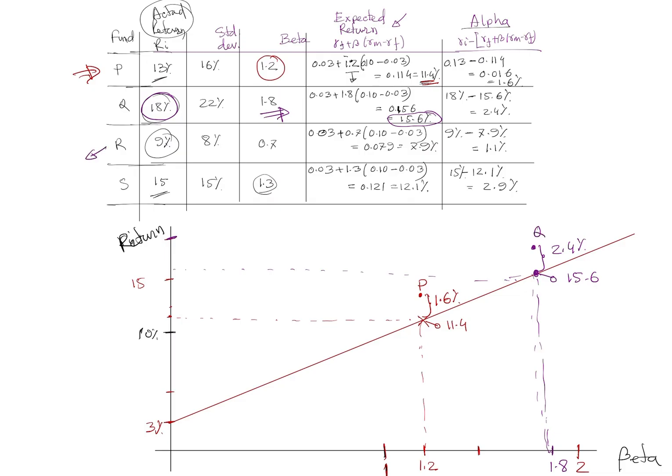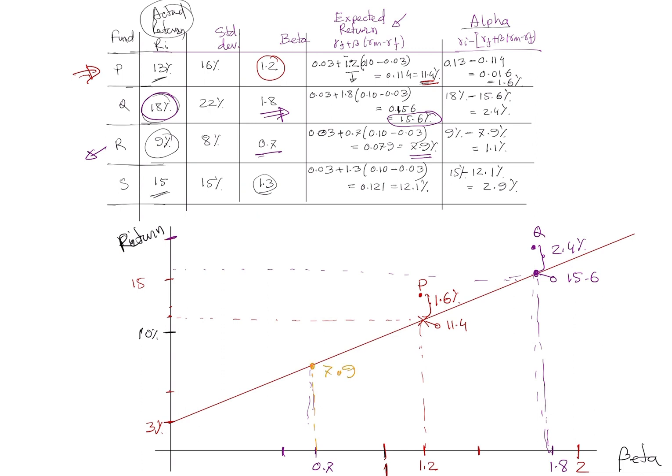Now look into R. We have R beta 0.7. So if this is in the middle 0.5, so looking into 0.7 in here, when you have this 0.7, we got expected return 7.9. So if this is 5, 6, 7, probably here somewhere. So let's look into a different color. So this is 7.9.